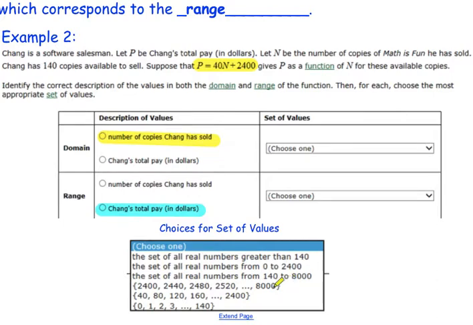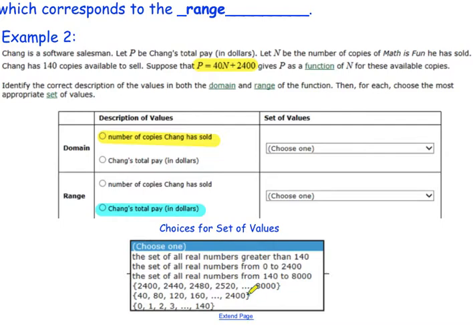This one here that starts with 2,400 goes from 2,400 up to 8,000. And if you look, it's going in jumps of 40. But we were told up here in the problem that Chang has 140 copies to sell. So that's all he has. This next one starts at 40 and goes up by increments of 40 all the way to 2,400.